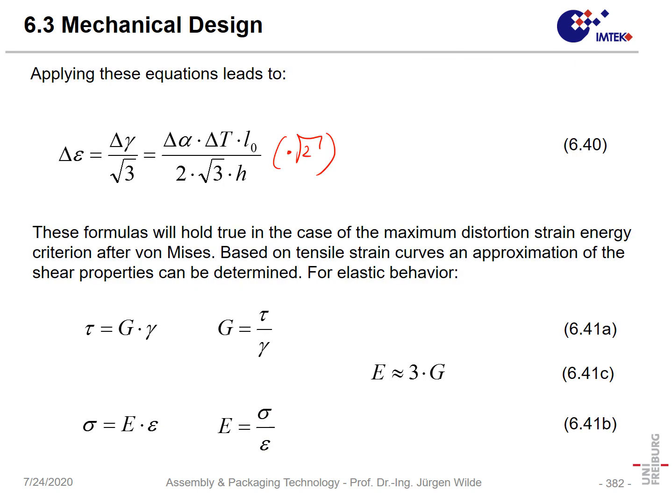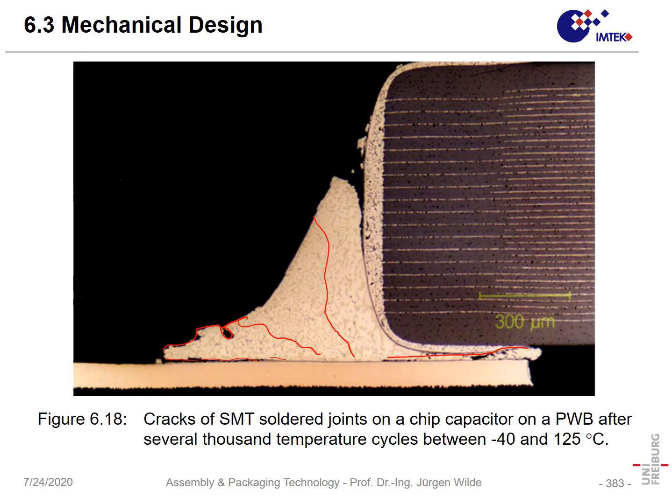Here in that curve, we have the delta epsilon, and we assume that the delta epsilon is delta epsilon plastic. So we neglect elastic deformation.